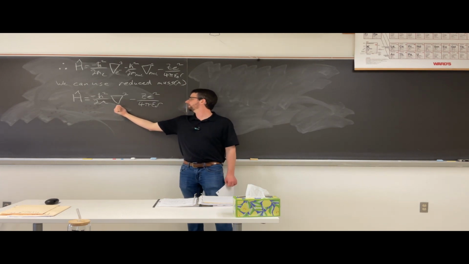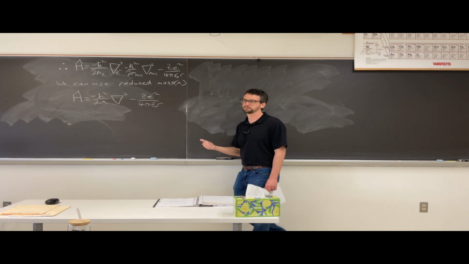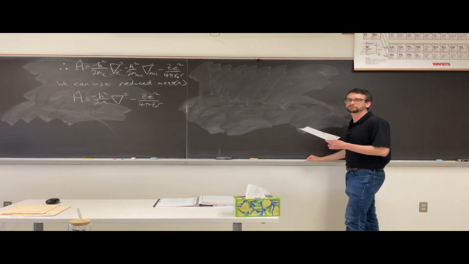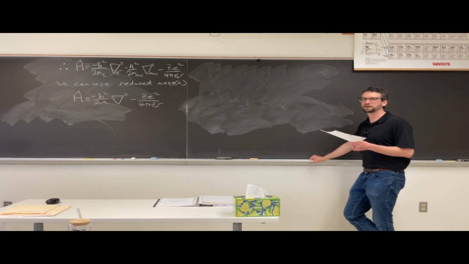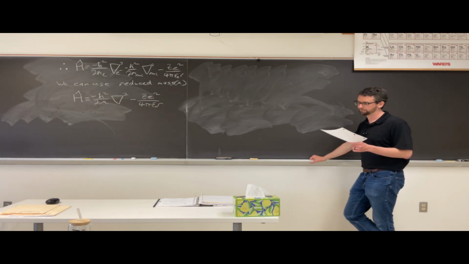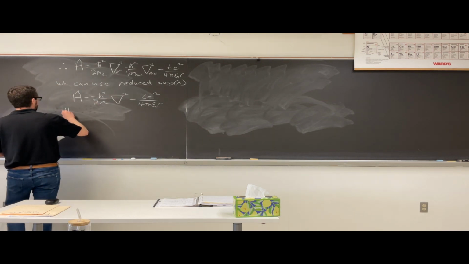This gradient, if we look at the different parameters we're going to have to differentiate with respect to, what are we going to have to differentiate with respect to? Yeah. So what would our parameters be that the wave function would depend on? Yep.